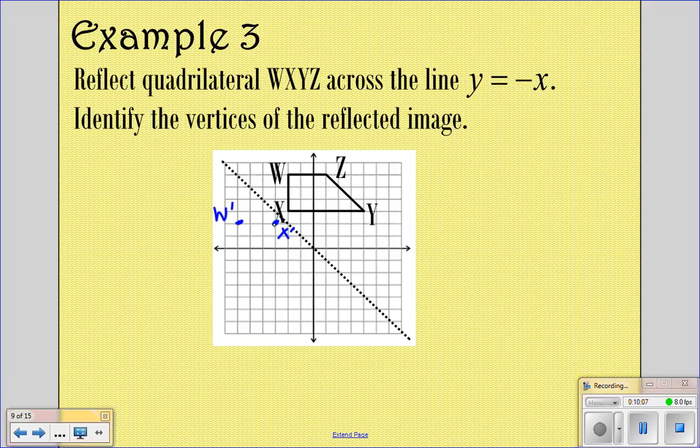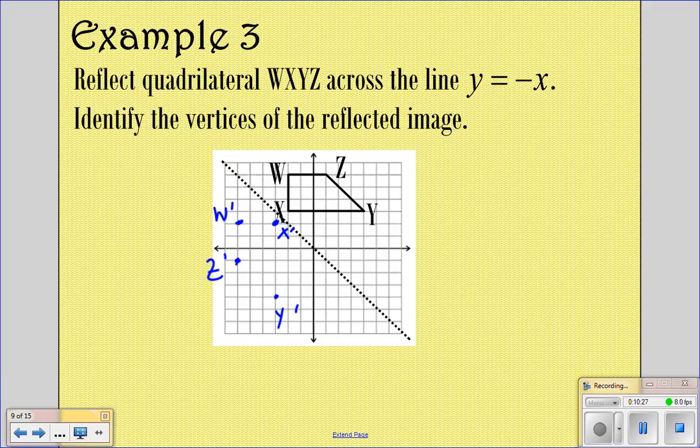So we go a half, and then 1, 2, 3. And so that would be Z prime. And then for Y, we go 1, 2, 3 and a half. So a half, 1, 2, 3. And so that would be Y prime.